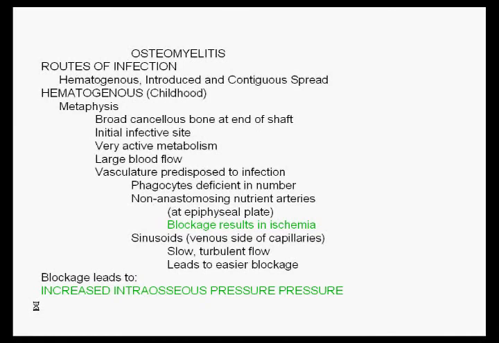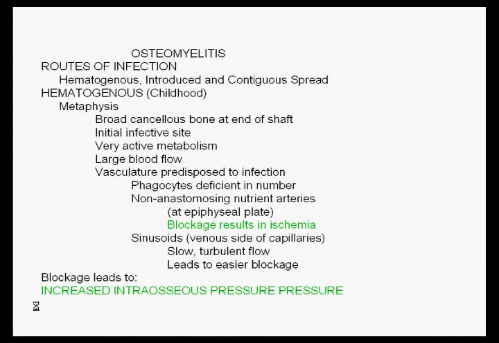And then you have non-anastomosing nutrient arteries, so if one becomes blocked, you have automatic ischemia because there are no collaterals. And then on the venous side, the sinusoids are wide, therefore they have slow flow, which is turbulent, and that leads to easier blockage.